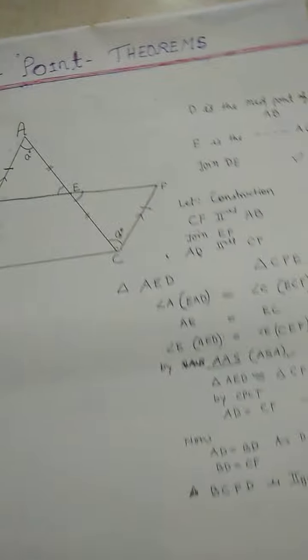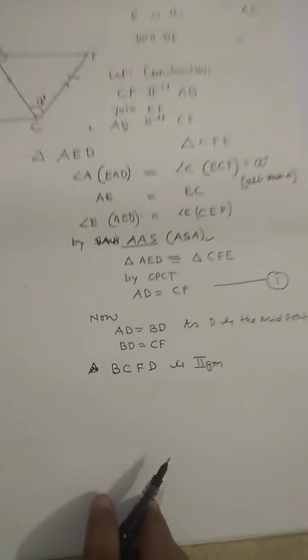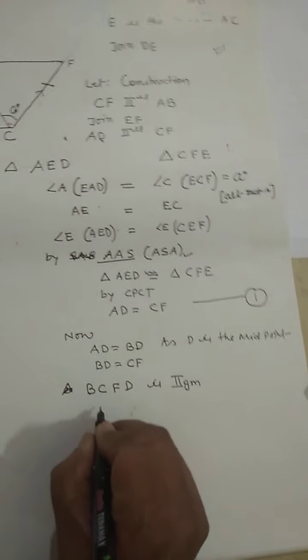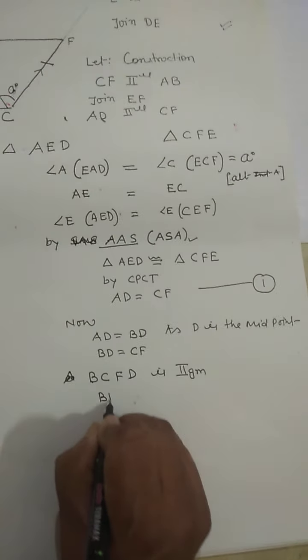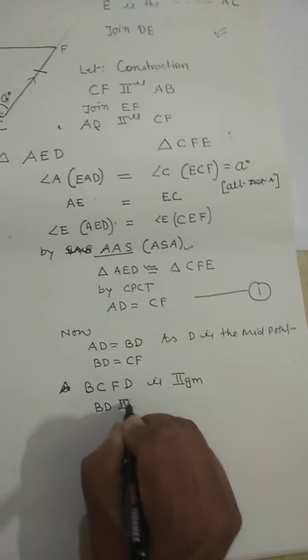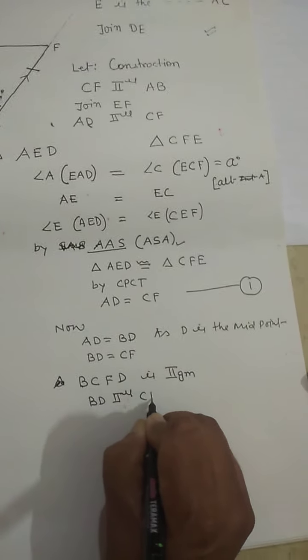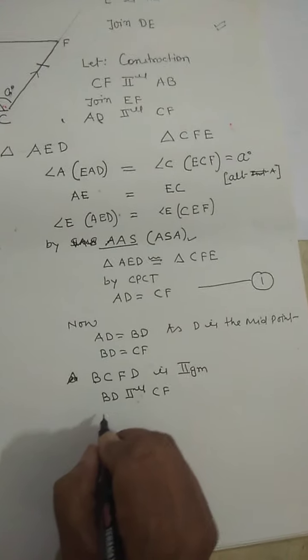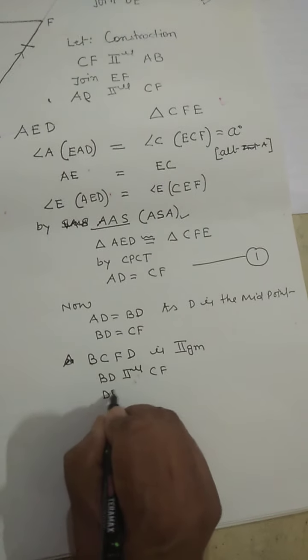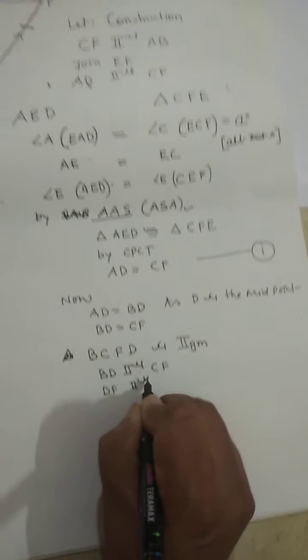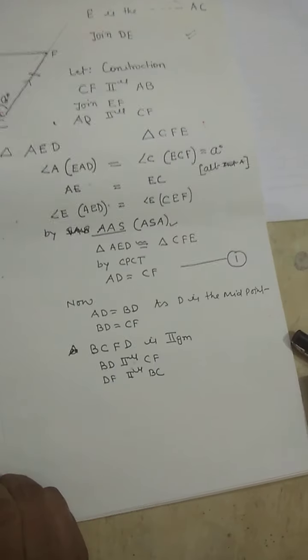DF, or DE, is a parallel line. So here we can say BD is parallel to CF and DF is parallel to BC.